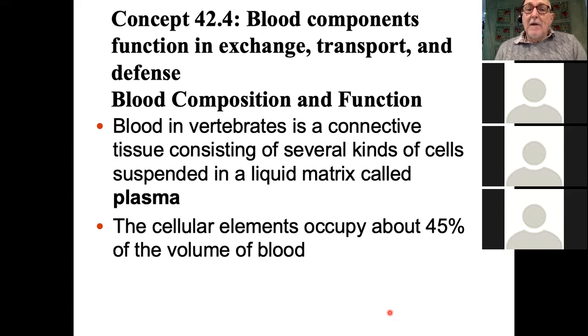So the blood is a liquid medium because all of its components are suspended in a fluid, which when we're talking about blood itself in circulation, we refer to as plasma. That is the clear straw-colored liquid, which would be left if you remove all of the other blood components.